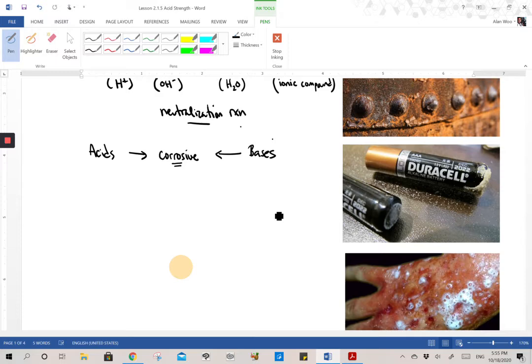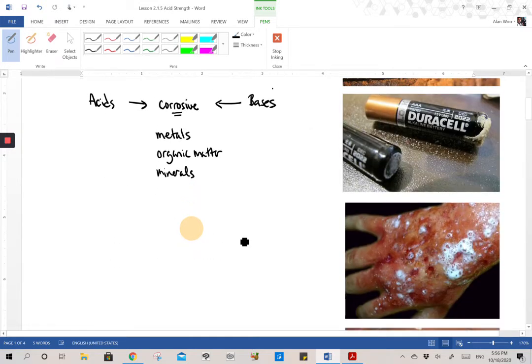If we look at what it can corrode, acids can corrode metals, organic matter, and minerals, which are just other elements. But it all depends on what it's reacting with.